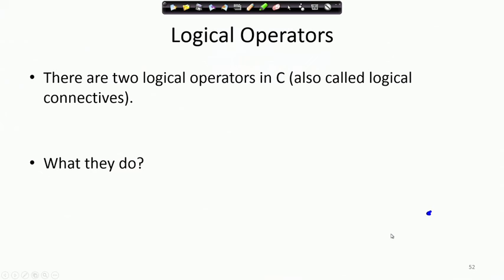So, next class we will start with logical operators. Today we have discussed arithmetic expressions, how arithmetic expressions are formed using arithmetic operators, the precedence of the operators in an arithmetic expression, and what a relational operator is.